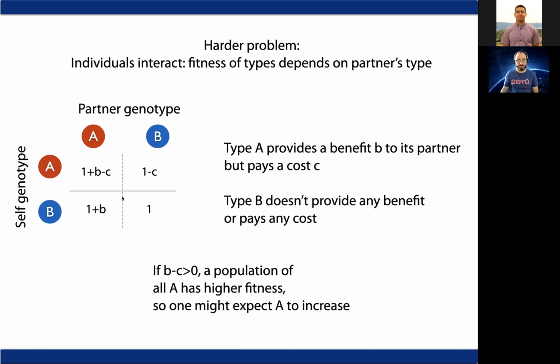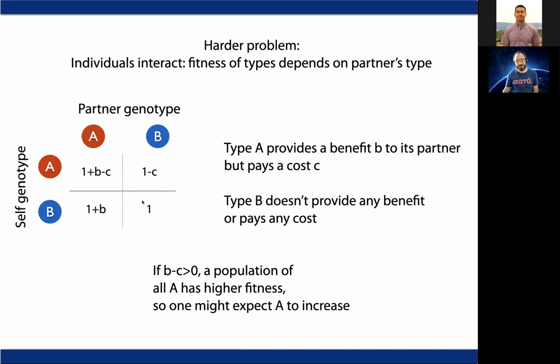In that case, you can't just have two numbers, 1 plus S and 1. You need to have 4 numbers, or if you're willing to normalize things, at least 3 numbers, and you can arrange them in a matrix like this. This is sometimes called a payoff matrix or a game matrix.